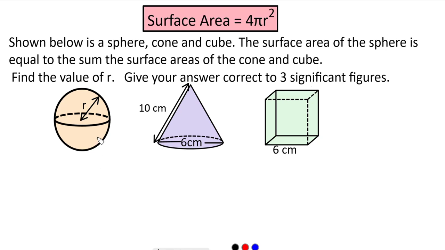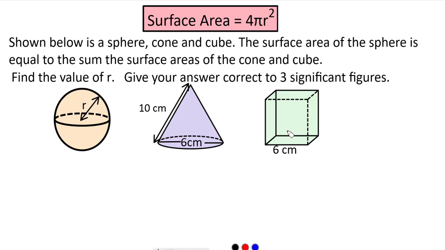So we know from the question that the surface area of the sphere is equal to the sum of the surface areas of the cone and the cube. Good. So let's begin by working out the surface area of a cube.